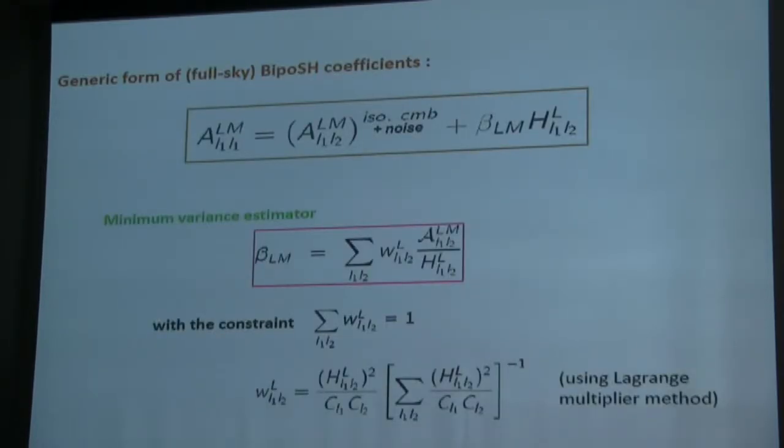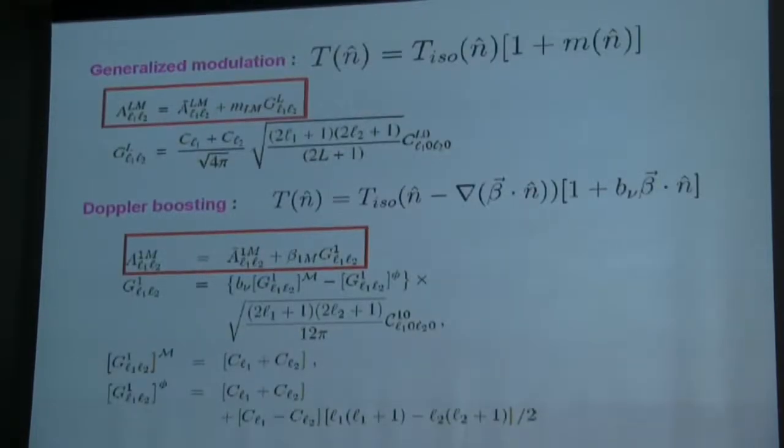So if you have a generalized modulation type of signal in your underlying CMB map, then you can compute the corresponding bipolar BipoSH coefficients. Then they have this generic form, where these off-diagonal terms are essentially induced by this generalized modulation field, which otherwise will be 0.